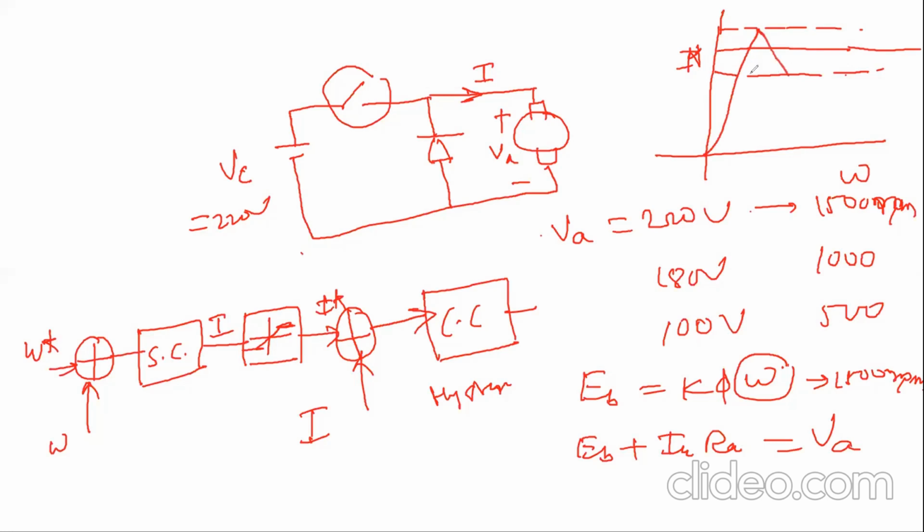When it reaches the lower band, the switch is turned on again, so the current will increase. This operation is repeated a number of times, and the average value of this current will be equal to I star. This is the basics behind hysteresis current control, one type of current control used in the closed loop speed control technique. Other types we will see in the next lecture.